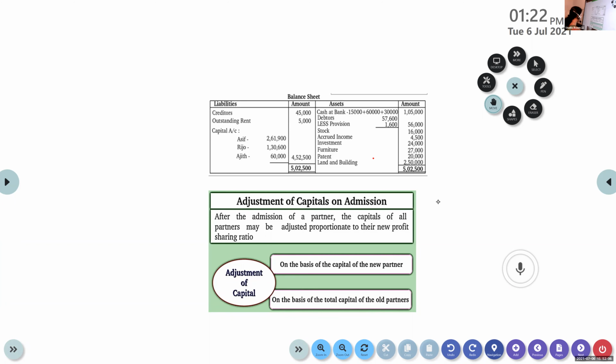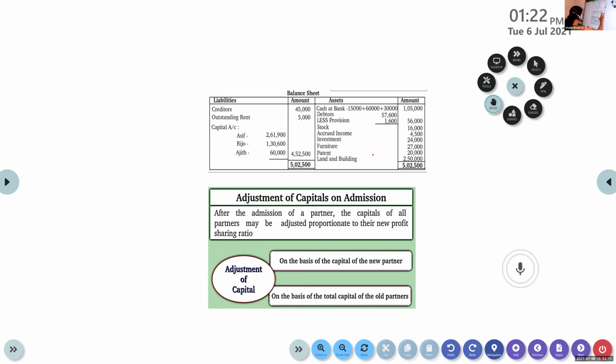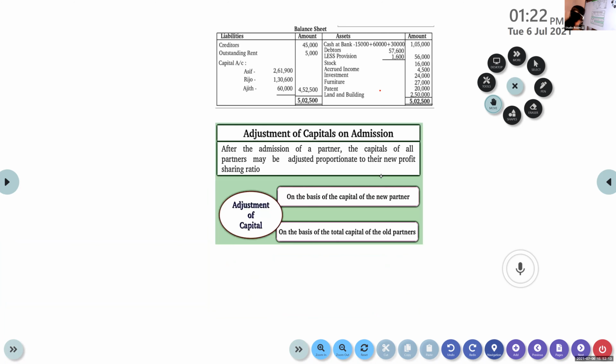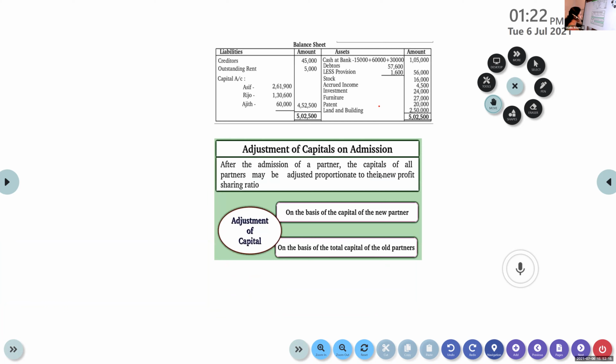Okay. Shall we move to the next topic? The next topic is adjustment of capitals on admission. After the admission of a partner, the capitals of all partners may be adjusted proportionate to their new profit sharing ratio. According to their new profit sharing ratio, they will adjust their capital.